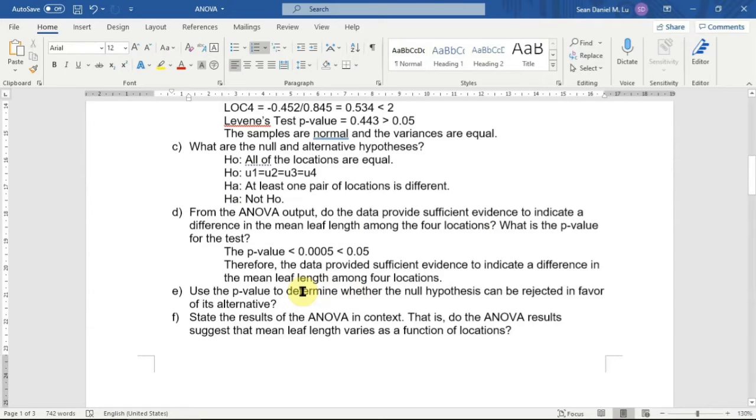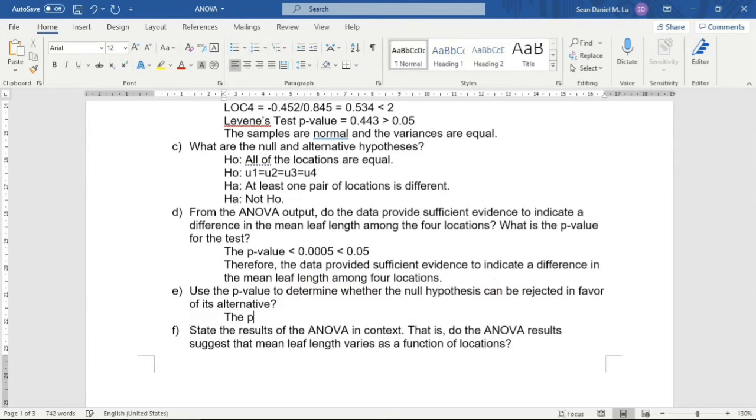Use the p-value to determine whether to decide in favor of the null hypothesis. Yes, the p-value is less than 0.0005. It's also less than alpha of 0.05. Therefore, we can reject the null hypothesis.